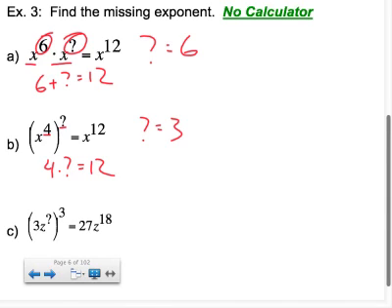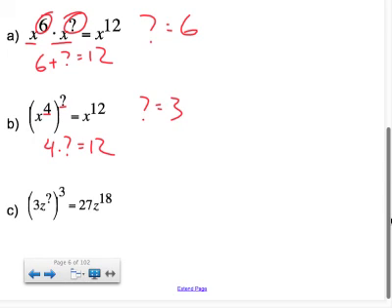And then finally in part C, okay, again, you can kind of work this out. So I know that I would distribute this 3 to both guys inside. Okay, so I know I'd have 3 to the 3rd, which is 27, and then I'd have z to the 3 times question mark. And that whole thing would have to equal 27 z to the 18th power.